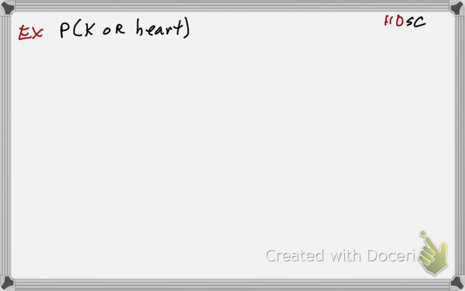So, are king and heart disjoint? No. So I've got to use the general rule. Probability of king plus probability of heart minus the probability of both.